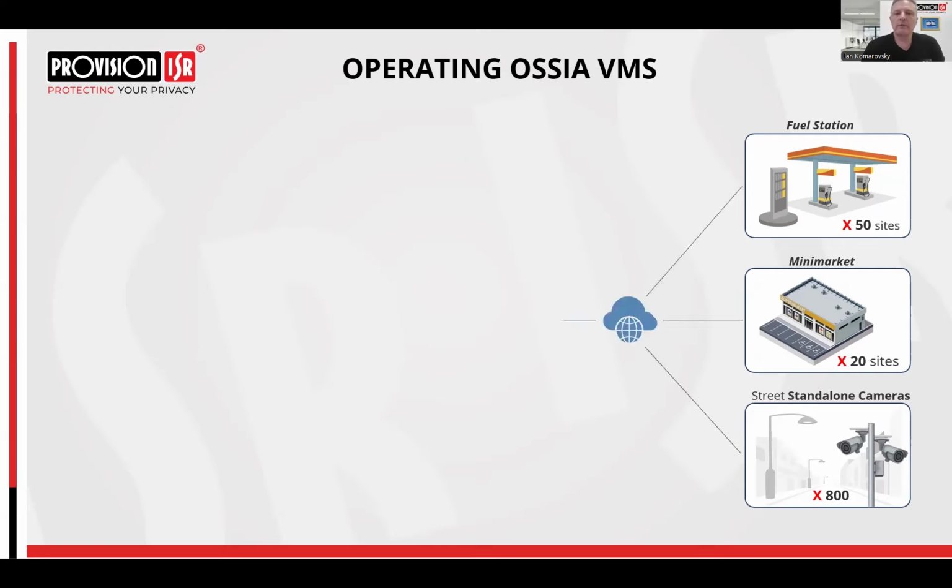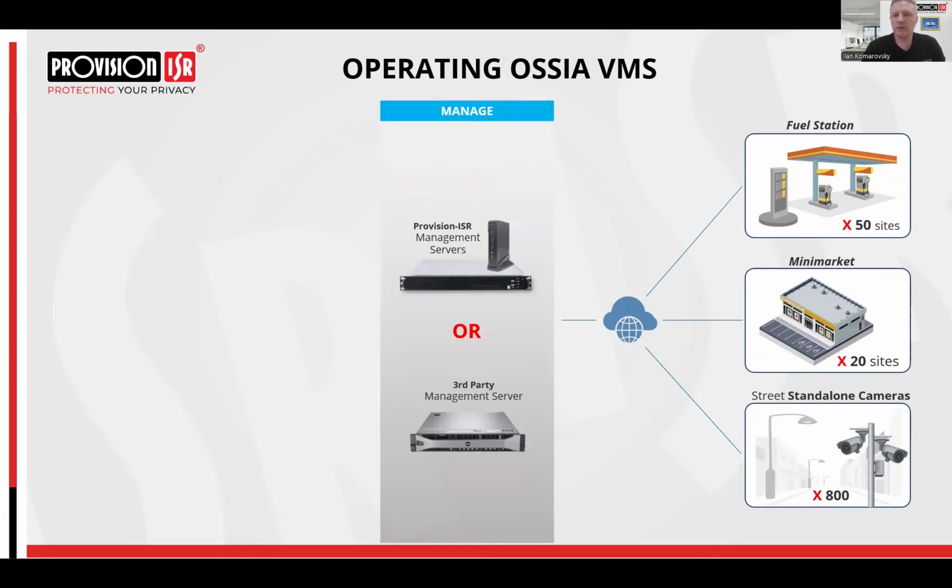So all of it is streamed to some place, and this place could be like a central monitoring place that is mandatory to have some servers. So it could be either our Provision-ISR management server, or it could be third-party management server, which is all customers' owned hardware.